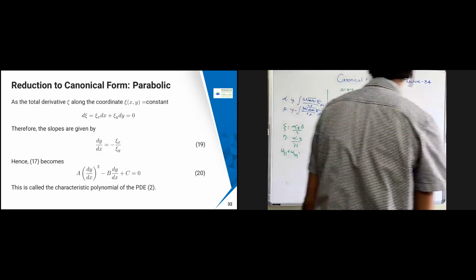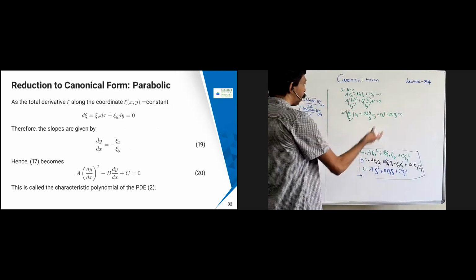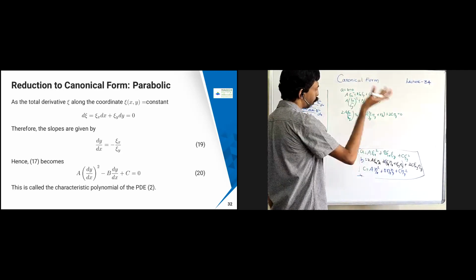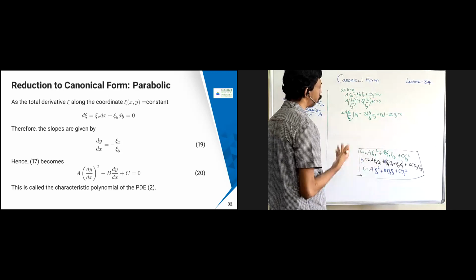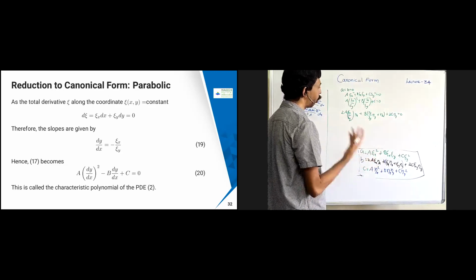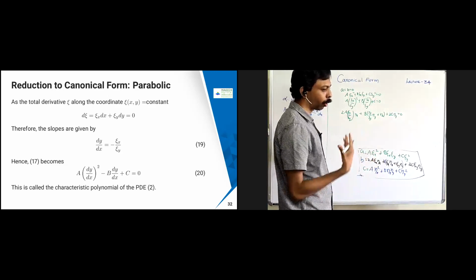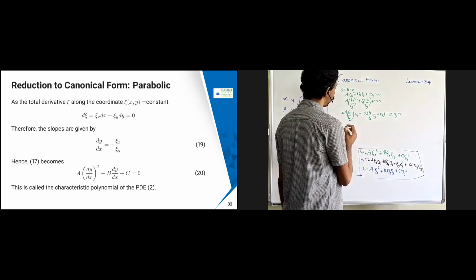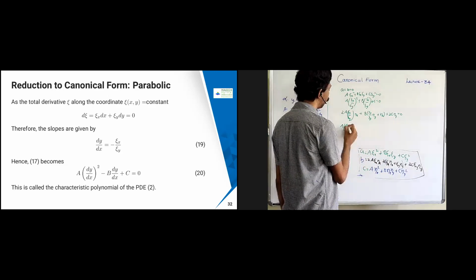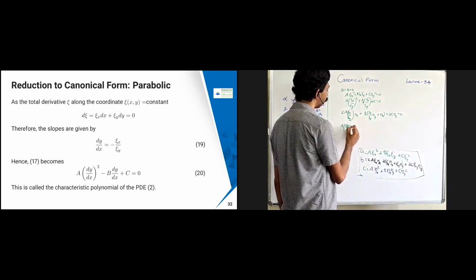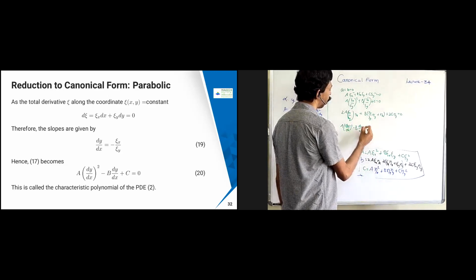Now once again for this equation, same kind of logic. You use psi x by psi y equal to etc., and b equal to 0 etc. Then you are going to get the same kind of equation again: a into (dy by dx) square minus b into dy by dx plus c equal to 0.